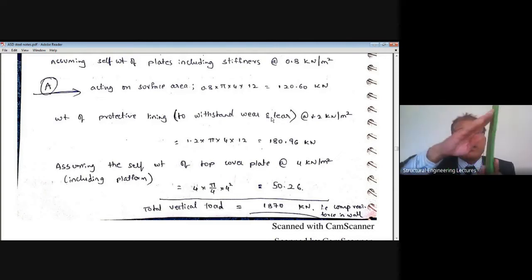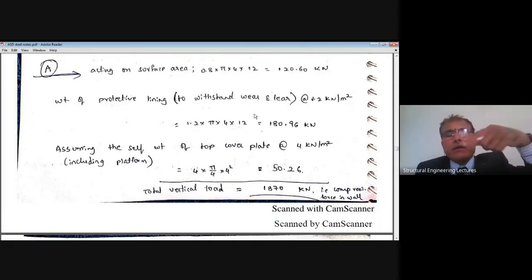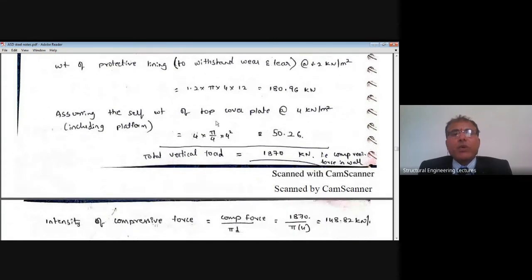Therefore, in order to avoid that, we will do a protective lining paint, right? Hence its intensity is assumed at the rate of 1.2 kilonewton per meter square. Hence for the inside, I'll calculate the surface area, pi d multiplied by height 12, right? That multiplied by 1.2 kilonewton per meter square, or it works out to 180.96 kilonewton.